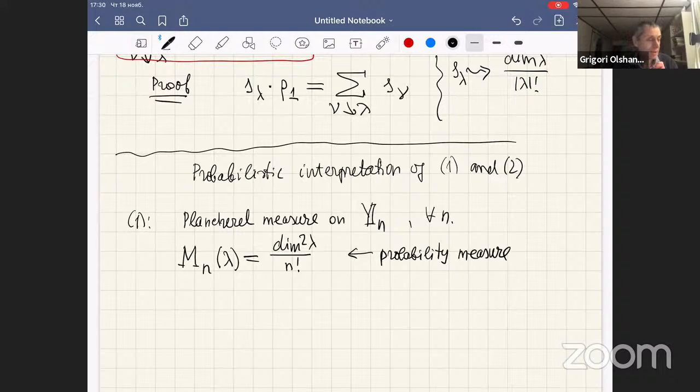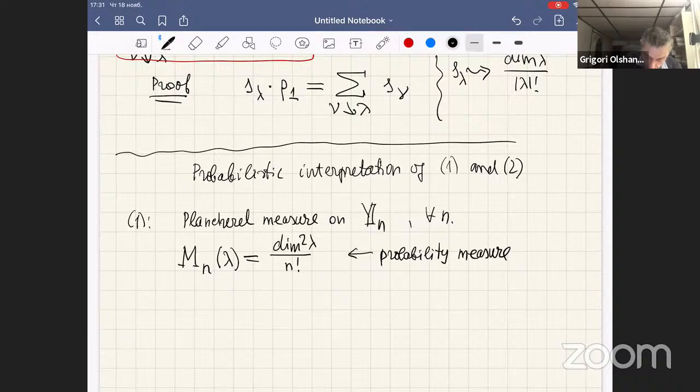Actually, it's not in accordance with the terminology in representation theory, because from the point of view of representation theory, one would take the dimension only here, not the squared dimension. But nevertheless, this is a common term now, so let's use it.